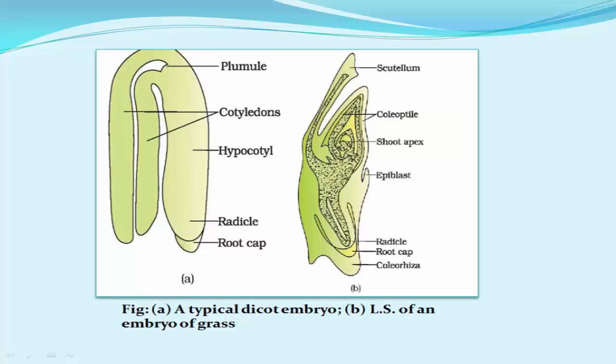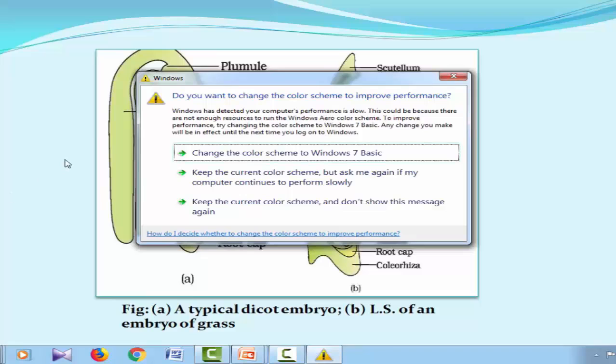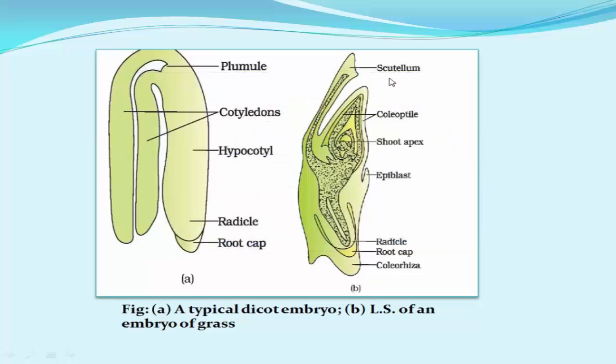Other than these structures, in the monocot embryo you can see some additional structures. The scutellum is the largest single cotyledon of the monocot embryo.